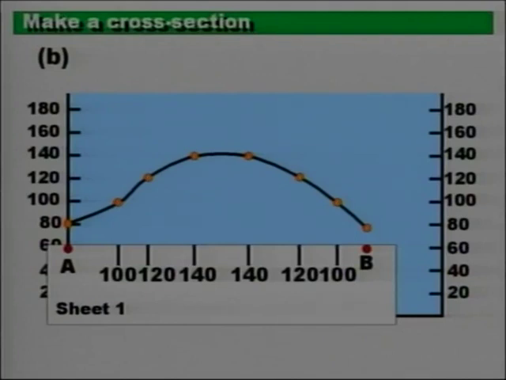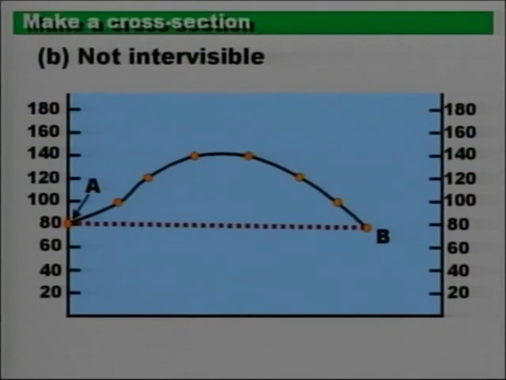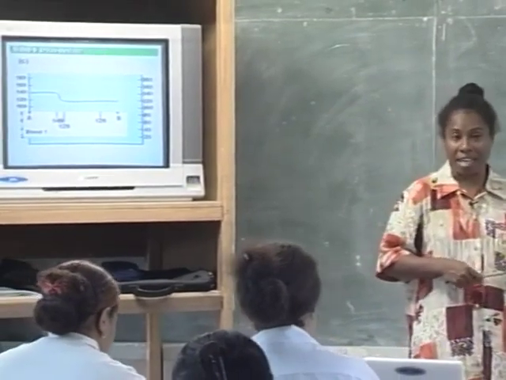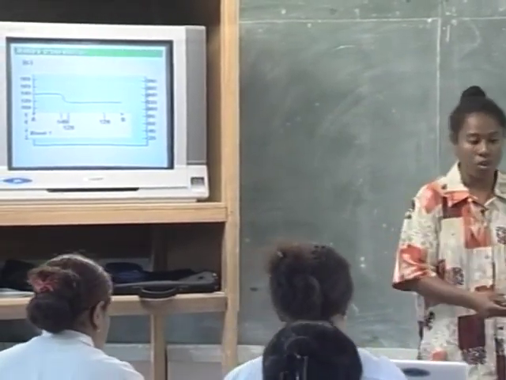And that should be our answer. So if we did draw a line, we're looking at that cross section B. From point A to point B, you note it is not intervisible simply because there is a high point between the 2 points.